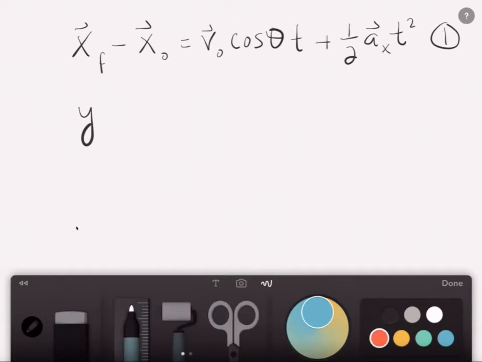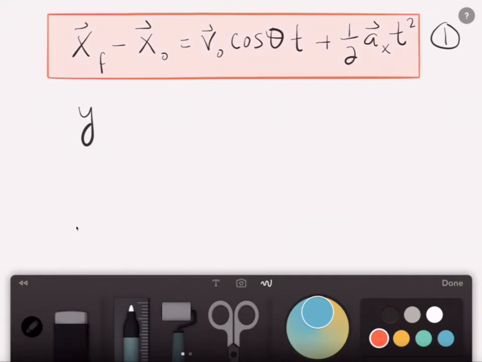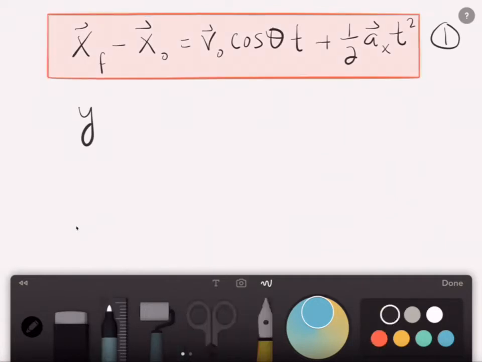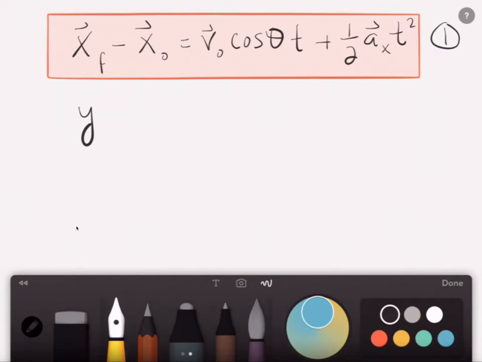Go ahead and make that clear. All right. And now I'm going to define equation number 2. We have our final position minus our initial position in y, and this is that y naught, x naught you see in the orange, and this is equal to the initial velocity, which is v naught, times sine of the launch angle, times the time of flight, plus 1/2.